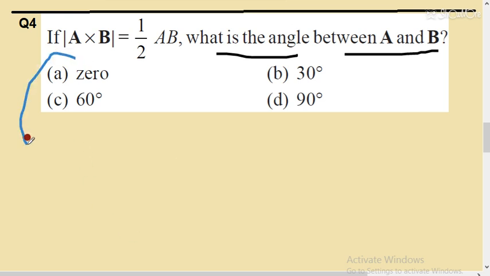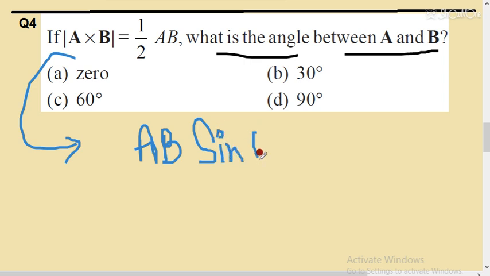Can I write the formula for a cross b? The magnitude of a cross b is equal to ab sin theta, and this magnitude is given to me as 1 by 2 ab.